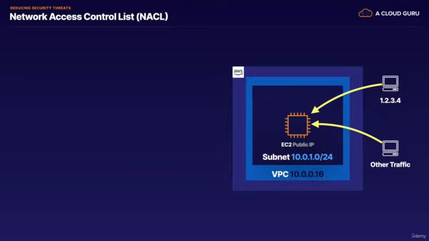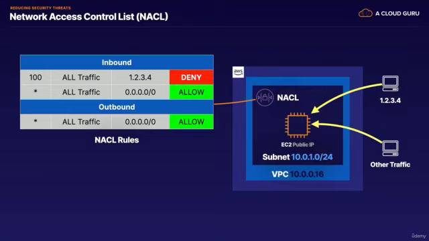As you learned in a previous lesson, you can use network access control lists, or NACLs, to allow or deny certain IPs or ranges of IPs into your subnet. We could do this with a combination of inbound and outbound rules. So say, for example, we want to block all traffic from this known bad actor IP 1.2.3.4. We create a new inbound NACL rule, Rule 100 here in the diagram, that'll deny all traffic from that IP.